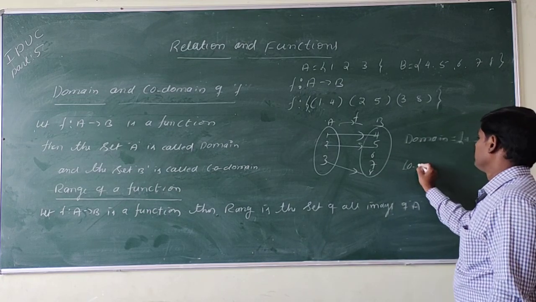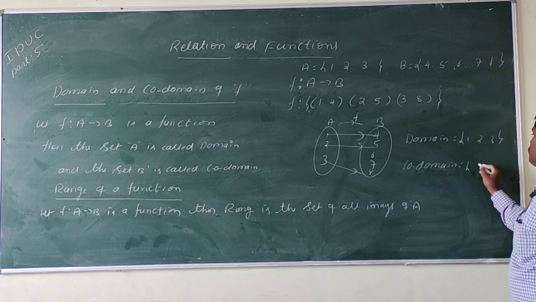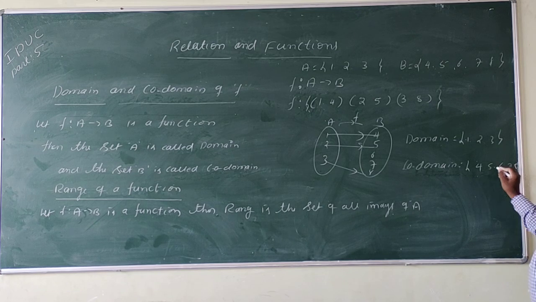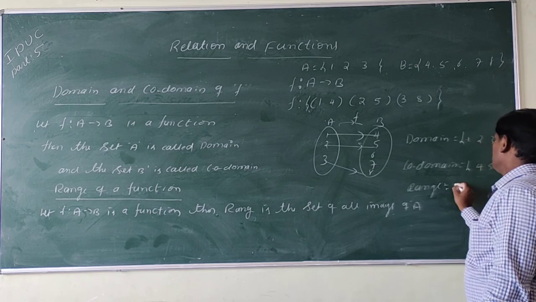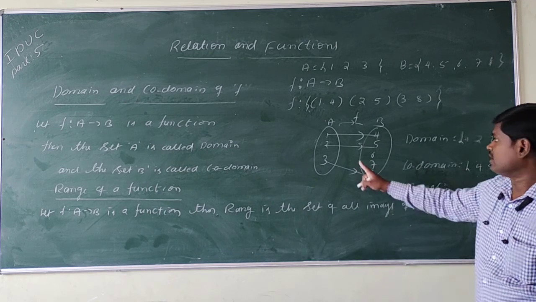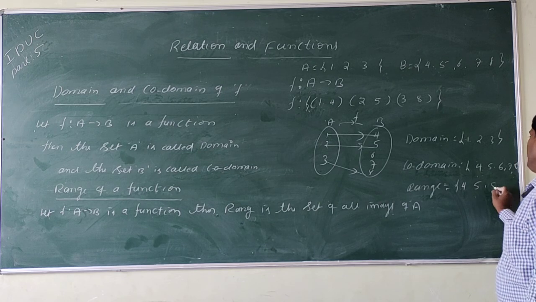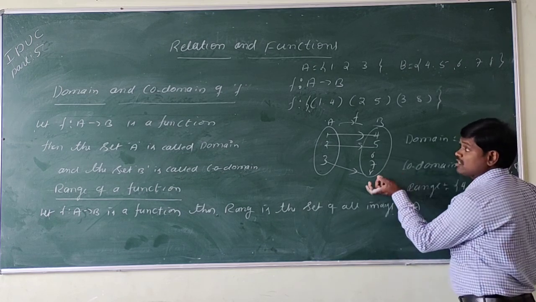Codomain is 4, 5, 6, 7, 8. And range is the set of all images of A, that is 4, 5, 8. So this is the range, the elements which are the images of A.